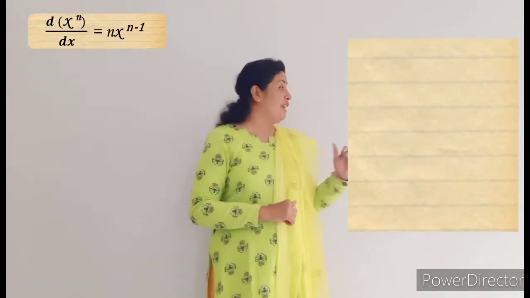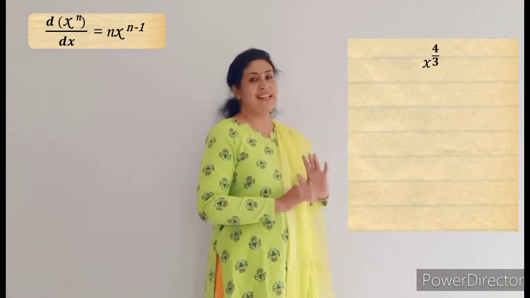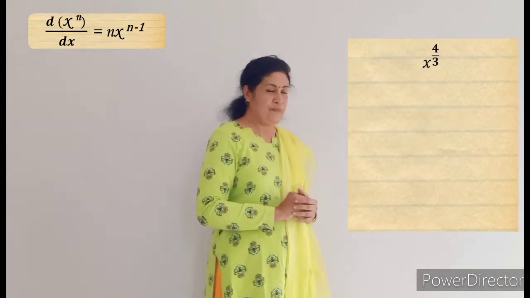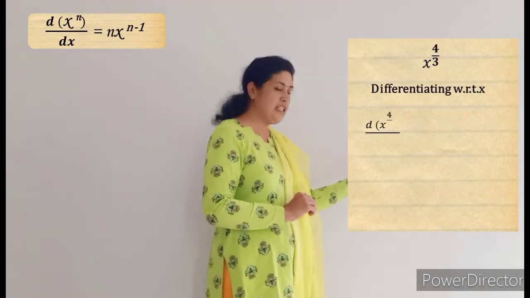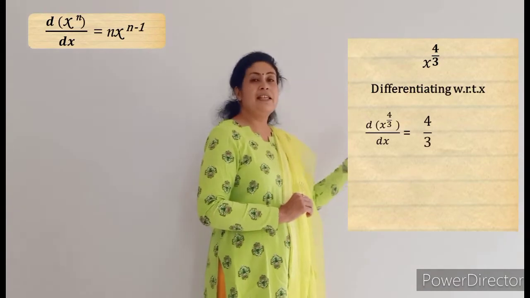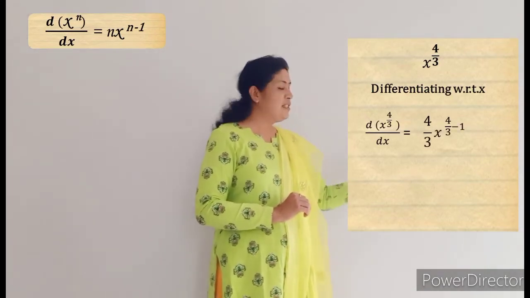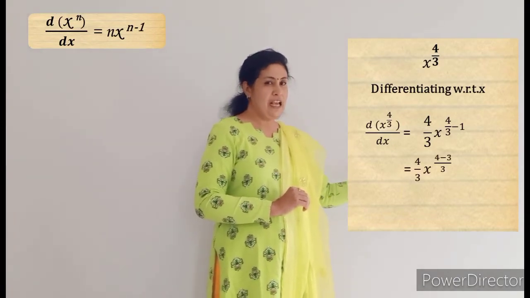What if it is x raised to 4 by 3? The function is x raised to 4 by 3. So for differentiation, n comes down, that is 4 by 3, x raised to 4 by 3 minus 1. So this 3 goes up there, 4 minus 3 upon 3, that is 1 upon 3.